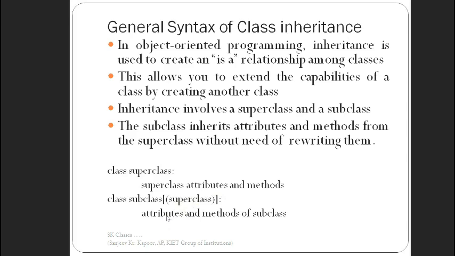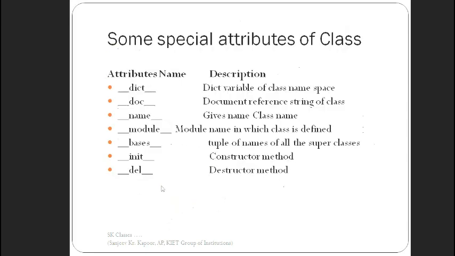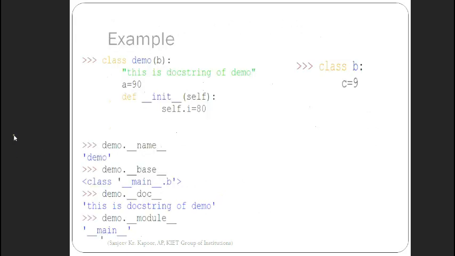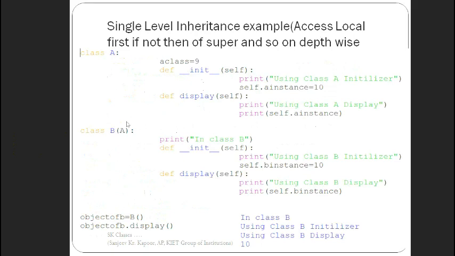If we talk of an example, suppose we have class A. This class A has some functions and this class B is inheriting class A. So all the features of class A would become part of B, and B also has its own features.